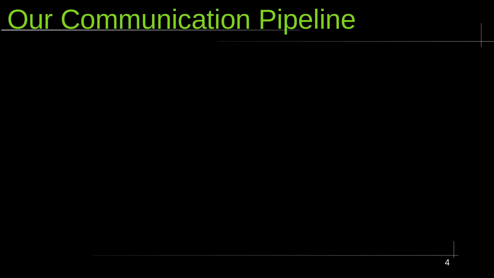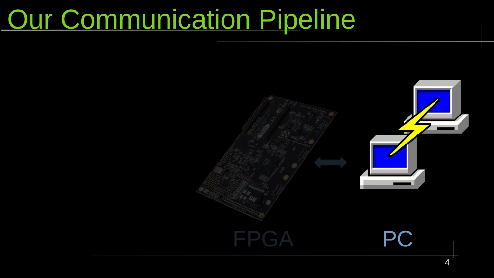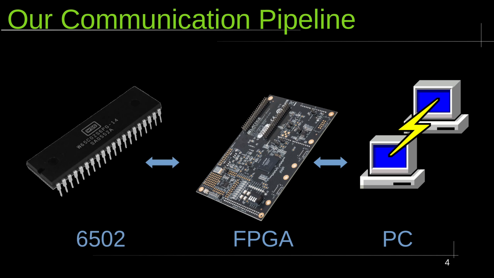Let's look at how our communication pipeline is actually going to look like. So the first thing that we will have is our computer, and this is going to communicate with the FPGA, which is in turn going to communicate with a 6502. Now, how will the PC and the FPGA communicate more concretely?